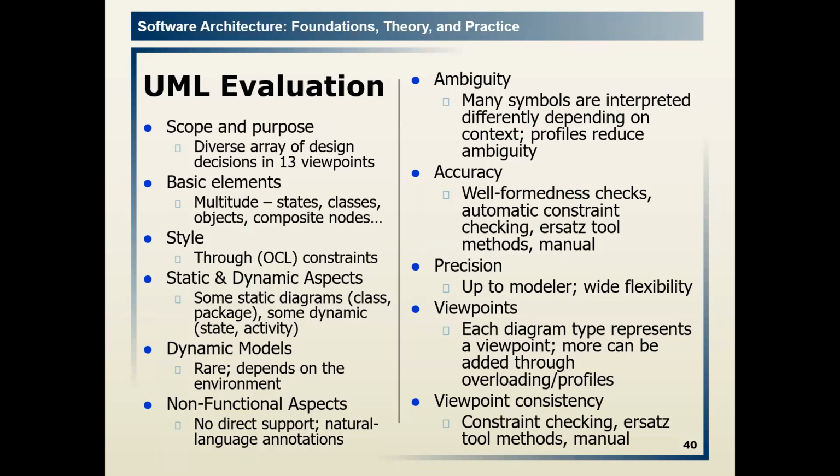Then the basic elements that are covered by UML: it has the concept of state, classes, objects, composite nodes. So all those object-oriented elements are there in UML. Then the style of modeling is through the object component constraints.